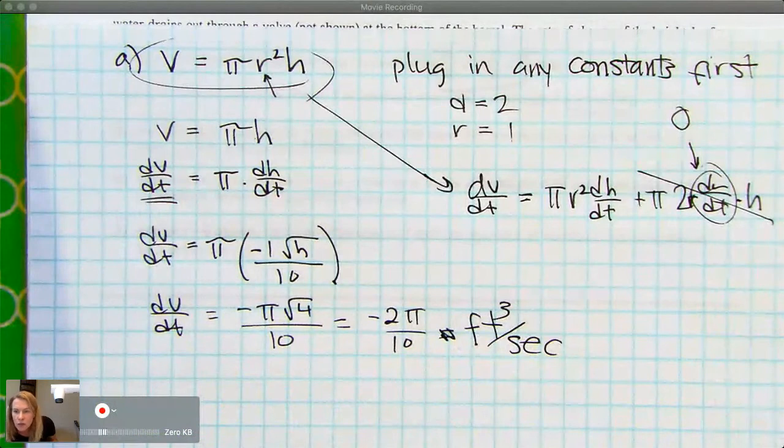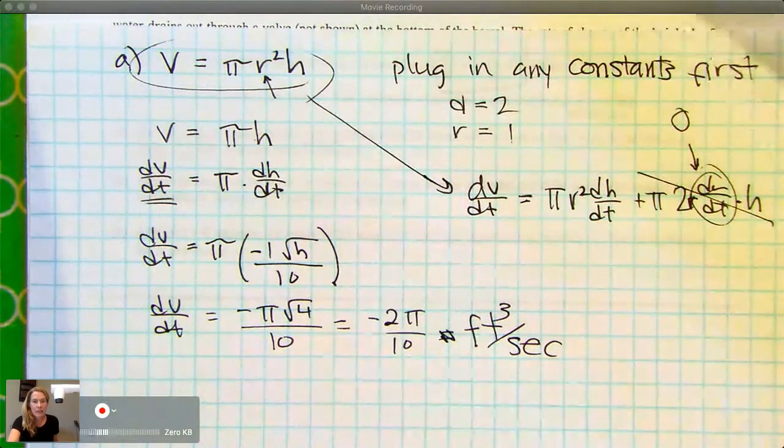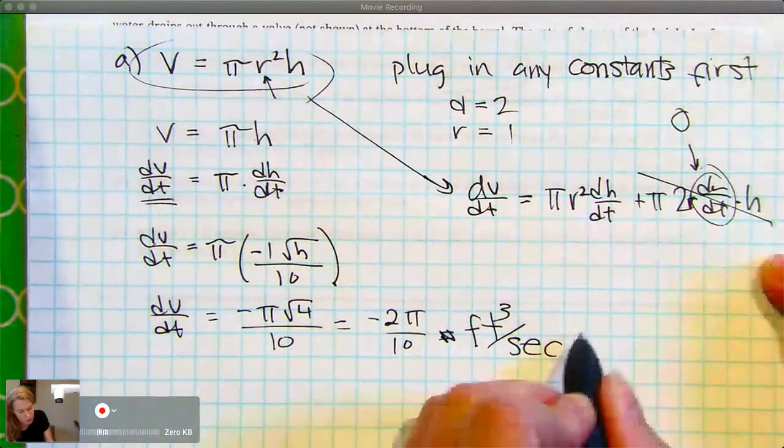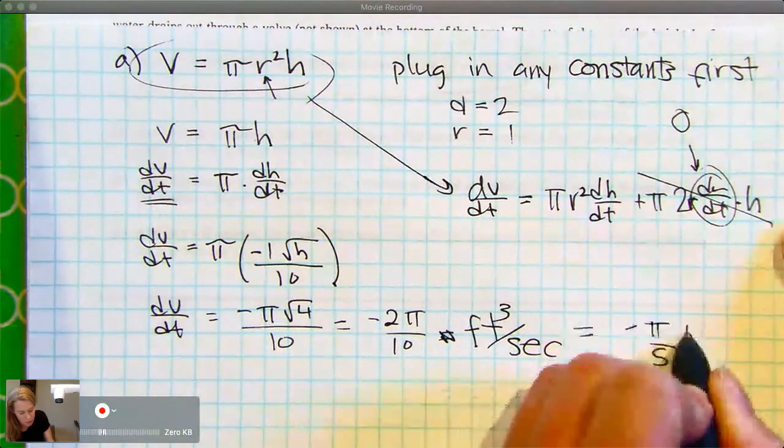Is it okay if you just leave it as dV/dt equals pi and so on? On the open response problems, it is okay to leave the values. I think that this particular problem is no calculator. And actually, I could reduce this to negative pi over 5 feet cubed per second.